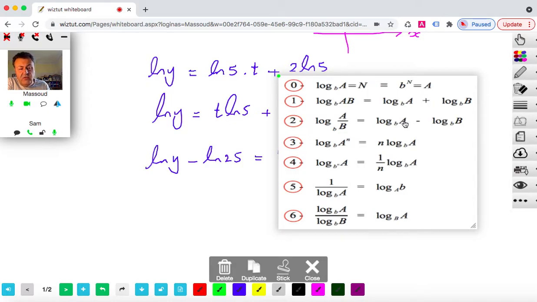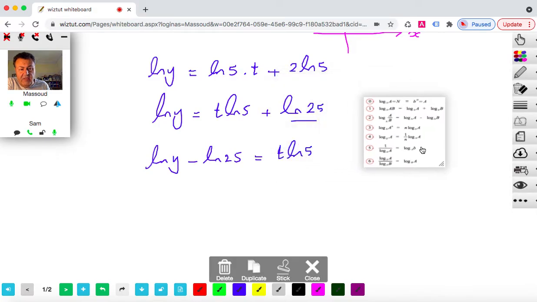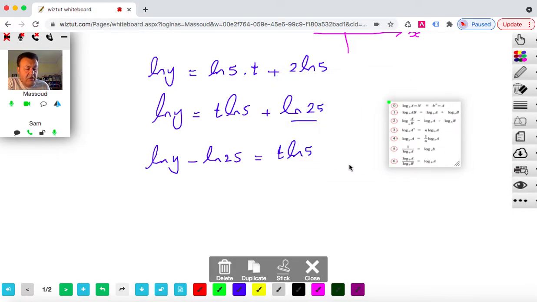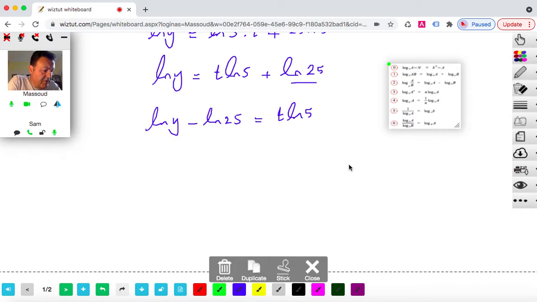And that turns into 2 subjects being divided. So the subject y and the subject 25 can be divided and made into 1 log. So this would become log natural of y divided by 25 is equal to t log natural of 5.